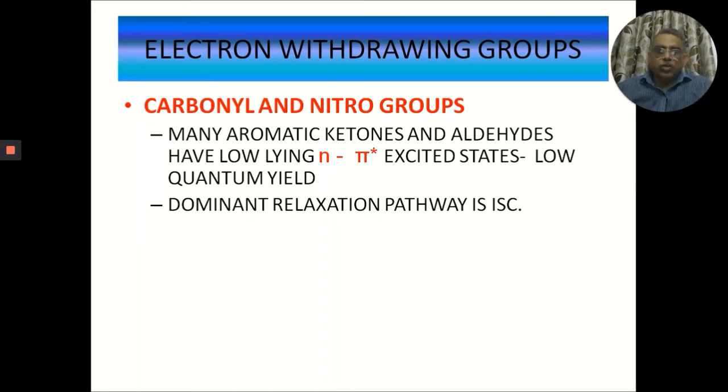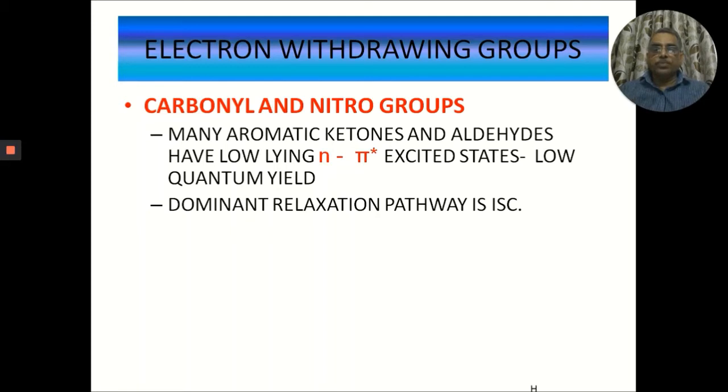When you go to carbonyl groups and nitro groups, the n to pi star becomes the lowest energy excited state. And when you have the n to pi star state, we know that the quantum efficiency of fluorescence is quite low because intersystem crossing is higher, and you can have a very dominant relaxation pathway of intersystem crossing. You can see that benzophenone has the higher quantum efficiency of the triplet also.